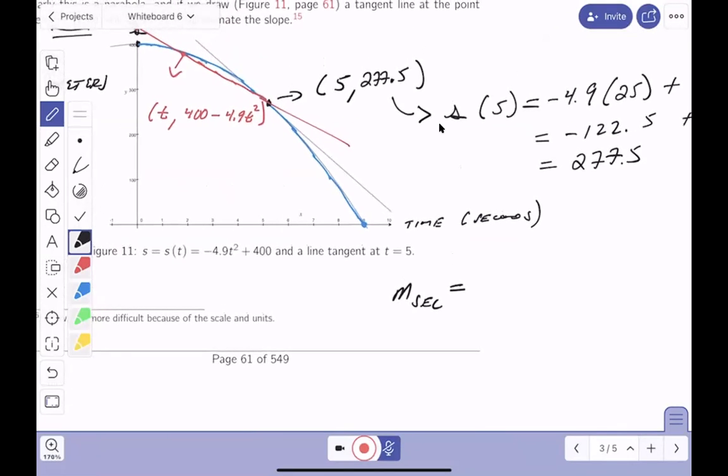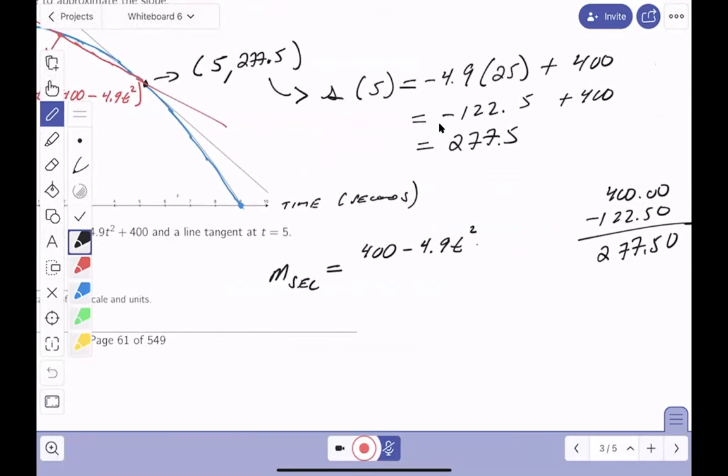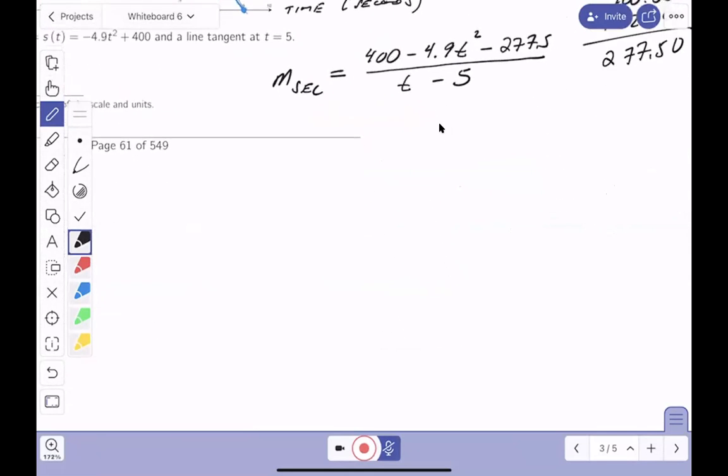All right. Let's do the change in y's. 400 minus 4.9 t squared minus 277.5 over, oh, it's going to be a tough one, t minus 5. Oh, I got to do it now, don't I?